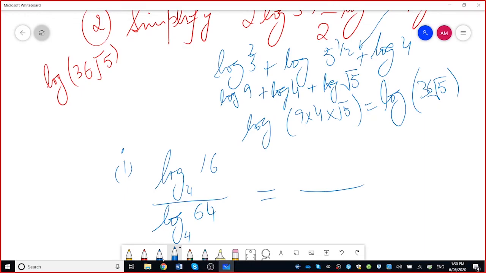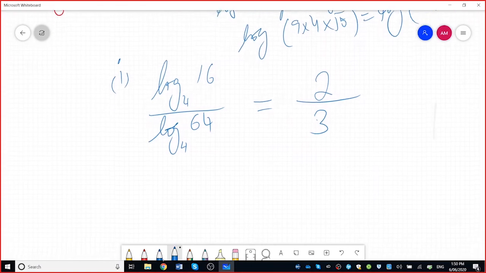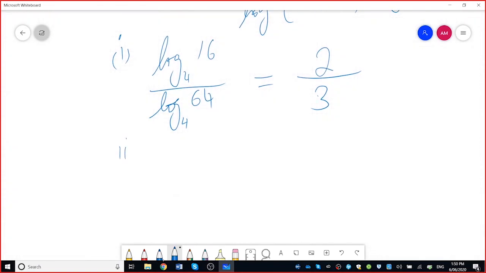Let me ask you, what is log of 16 to the base 4? Log of 16 to the base 4 is 2. Good. And what is log of 64 to the base 4? 3. Yeah, that's good. That's the answer.